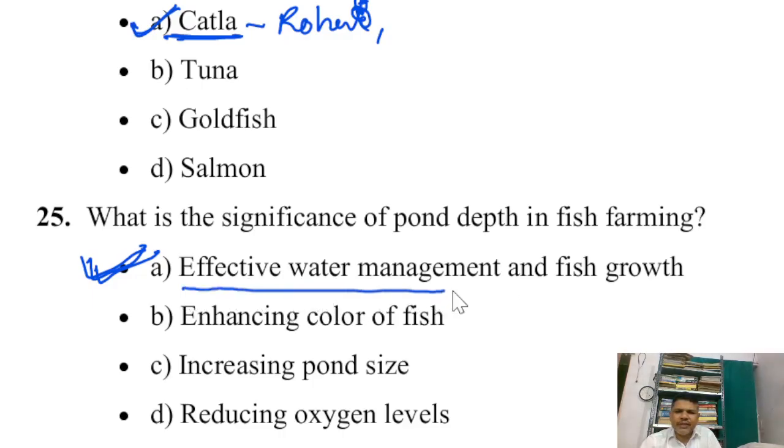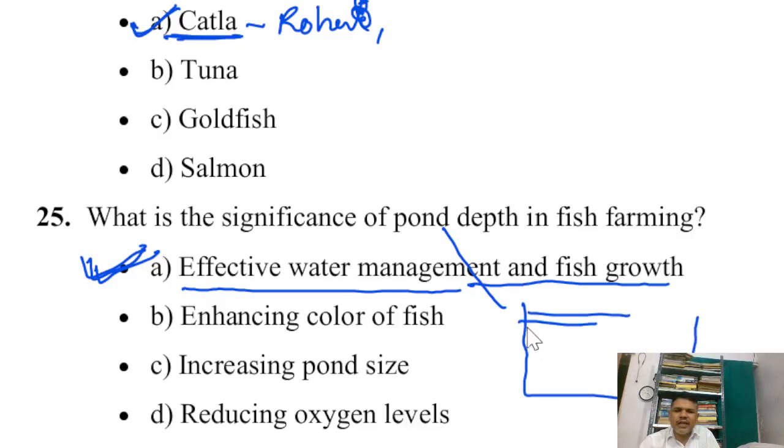If there is more depth in the ponds that we have constructed for aquaculture activity, then there will be less light penetration. So light cannot reach the bottom, and this decreases the productivity of those fishes that live in the bottom area of the pond, such as mrigal, which is a bottom feeder.